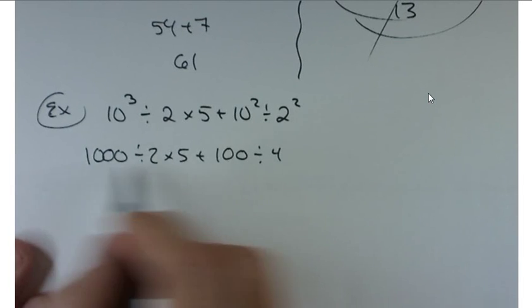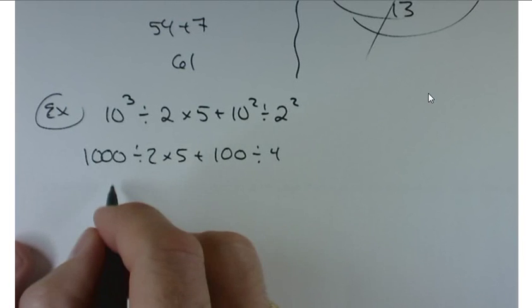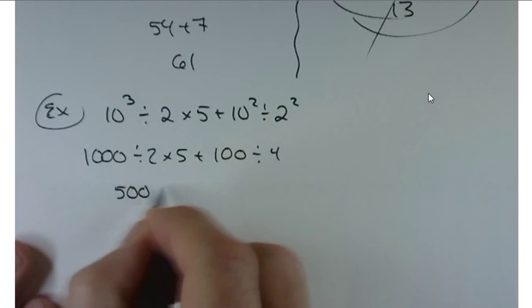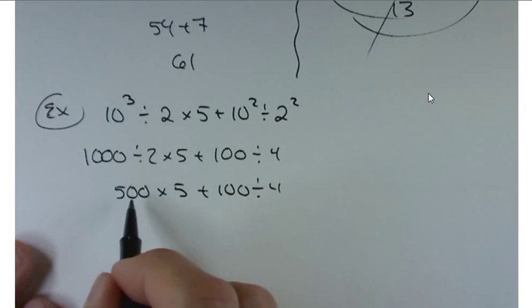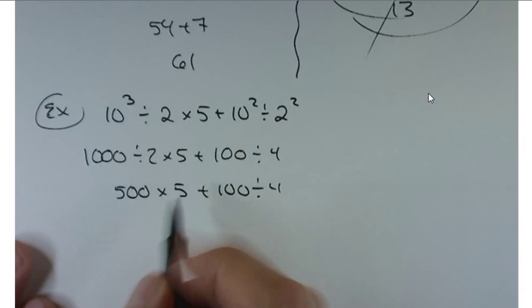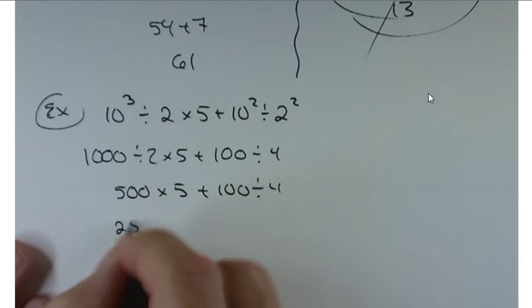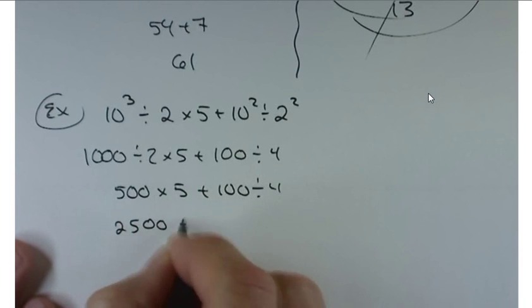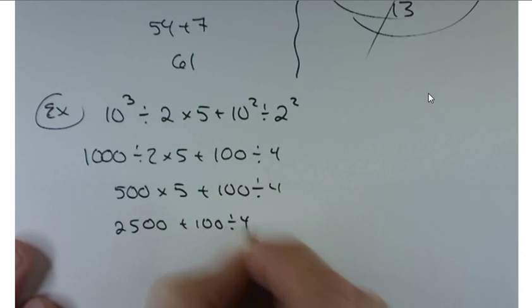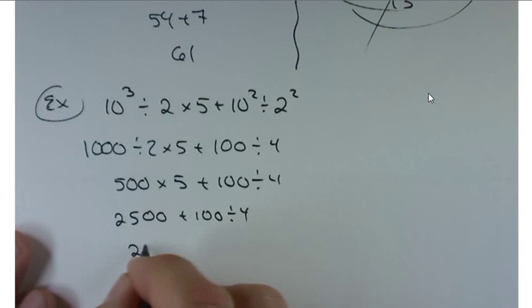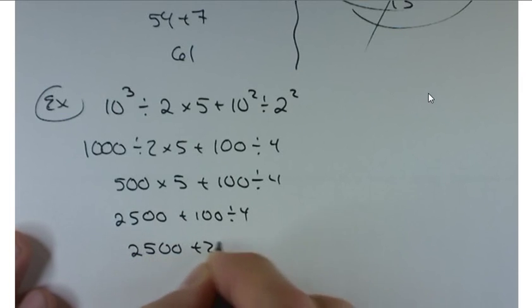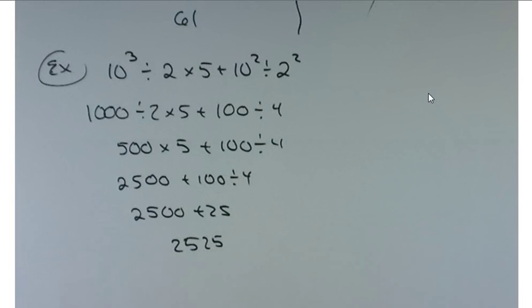So, in moving left to right, 1,000 divided by 2 is 500. Moving left to right, 500 times 5 is 25, and then 2 zeros, 2,500. 100 divided by 4 is 25. So overall, 2,500 plus 25, 2,525. How many people got that one? Yay. All right, looking real good.